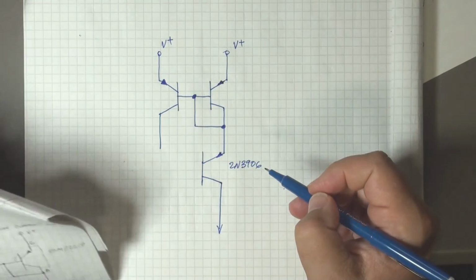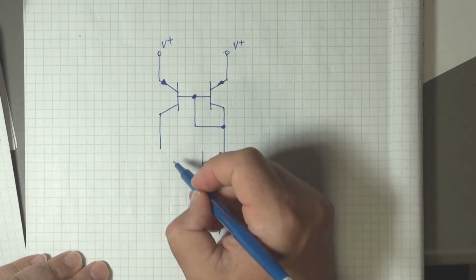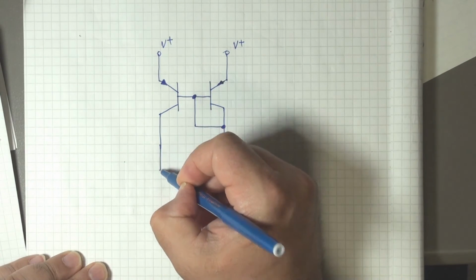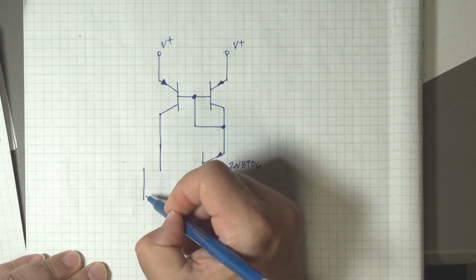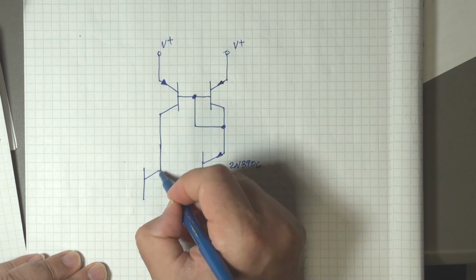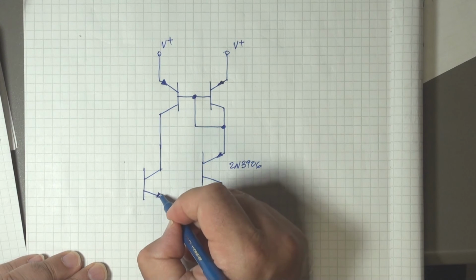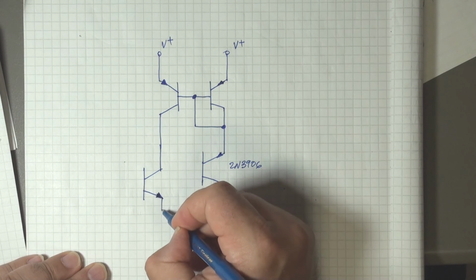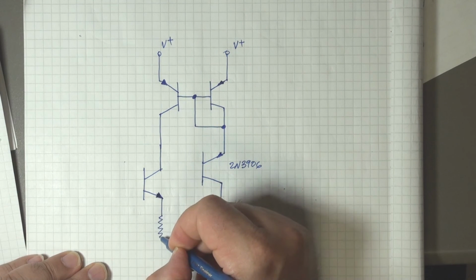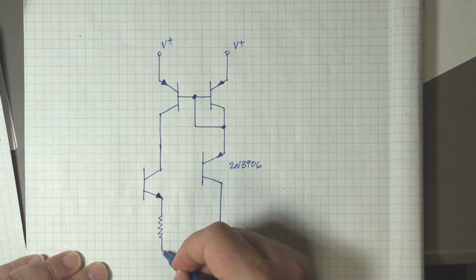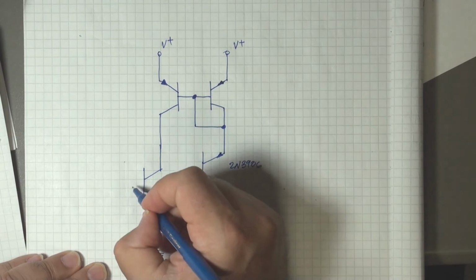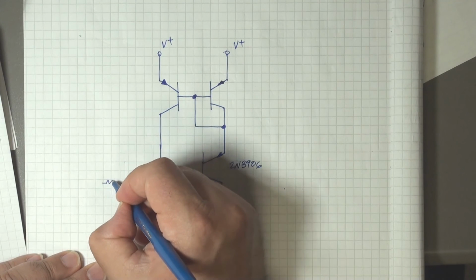So these are the V+ connections, and I'm just going to draw in the first 2N3904 that was connected to the peak detector output, which is here. It's not part of the current mirror. And another resistor there.